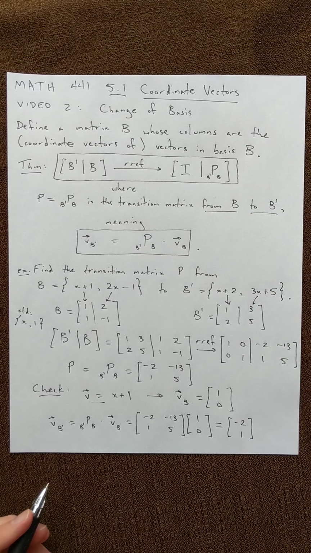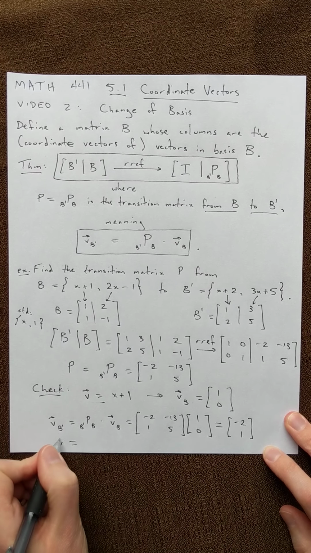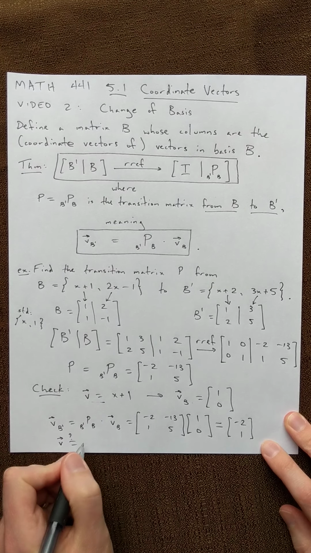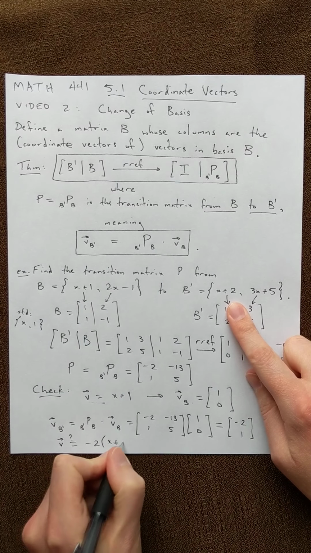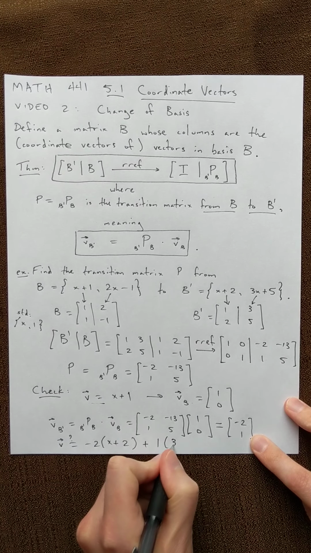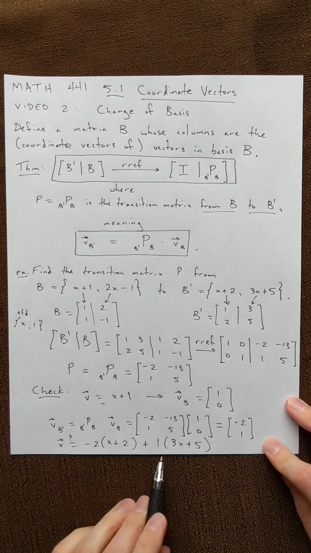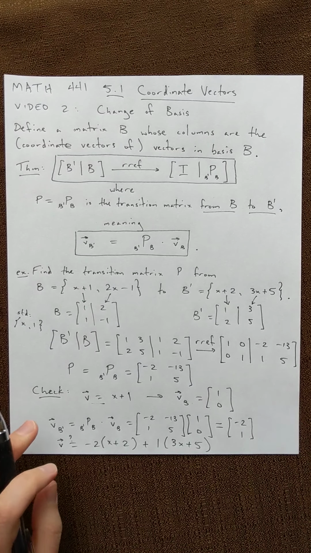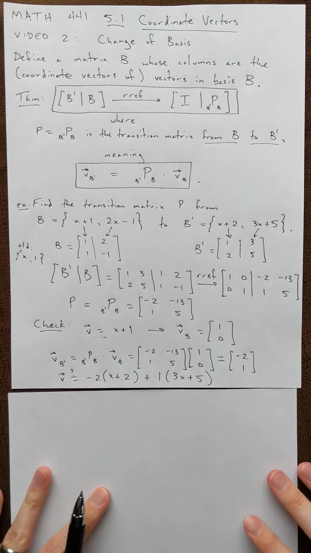So let's check it out. Is this actually correct? If this is right, then v should be equal to negative 2 times the first vector plus 1 times the second vector. Remember, a coordinate vector is really just the constants in the linear combination. And I'm just going to slide up slightly and put a new piece of paper.